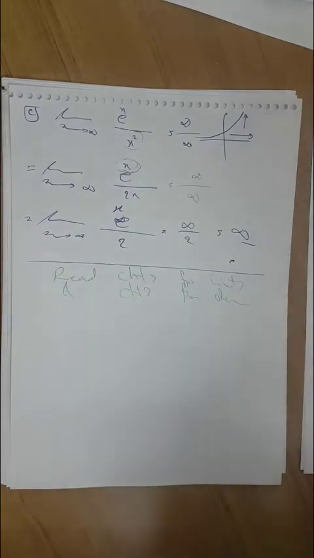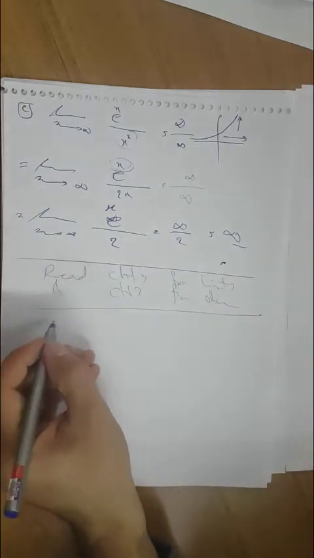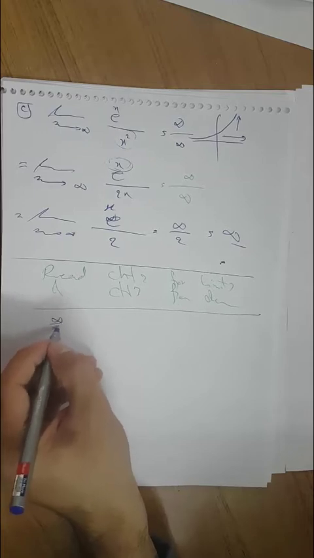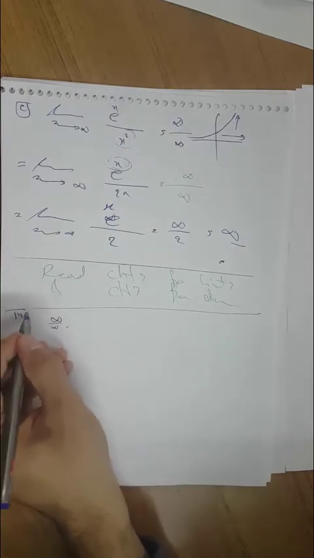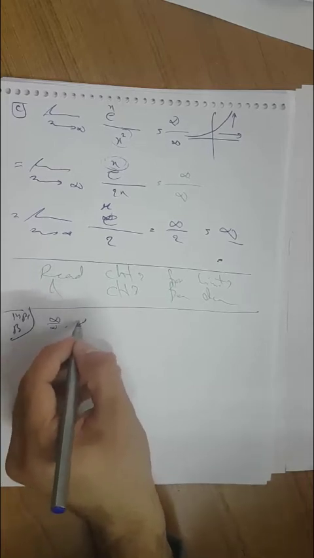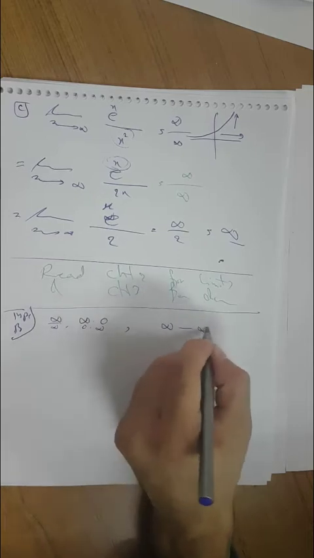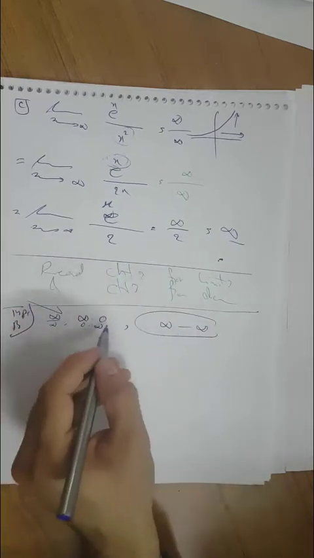Now we are in another part, type B of indeterminate form: infinity multiplied by 0, or 0 multiplied by infinity, and infinity minus infinity. So we finished that one. Now for the examples.